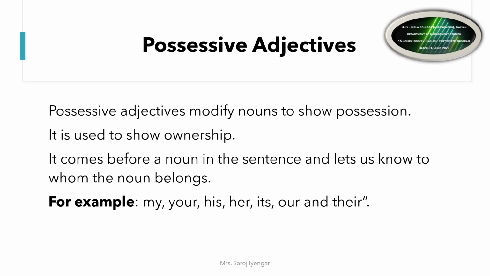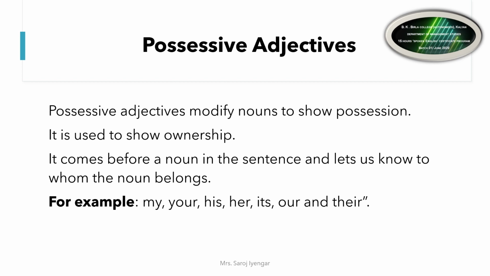Now, one thing which is important to understand here is that in the case of possessive adjectives, it always comes before a noun in the sentence, and it helps us know to whom the noun belongs. I'll give you an easy example. If I say she likes your hat, the possessive adjective here is your.